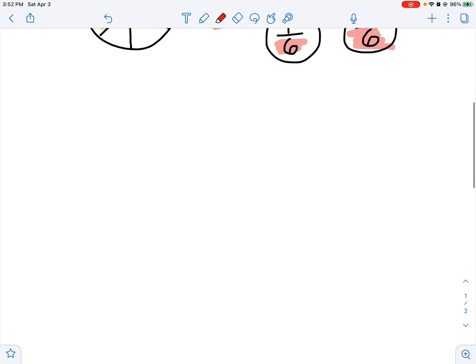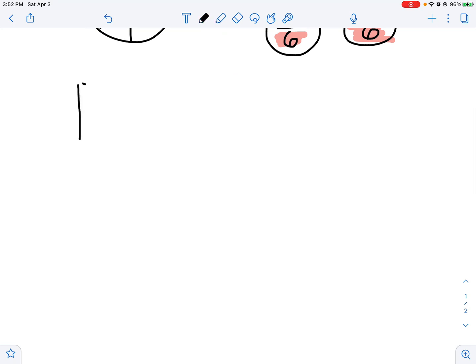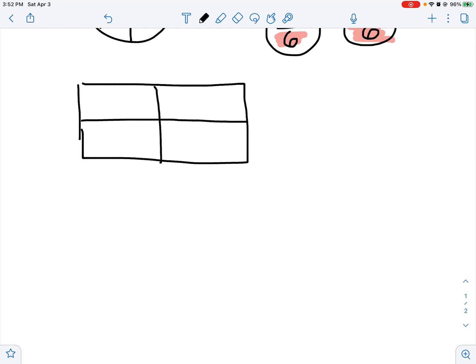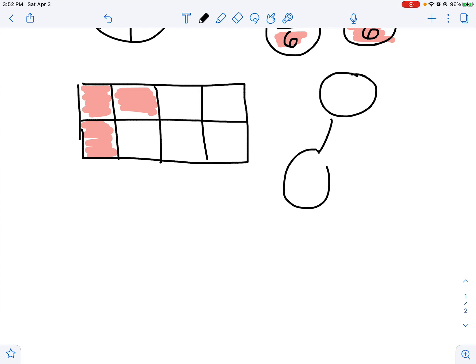Okay? So let's take a look at one that might be in a rectangle. What if we see something that looks like this? And we have this shaded. So if I asked you to make a number bond to match this shape with the shaded and the unshaded parts, remember the total is how much altogether.